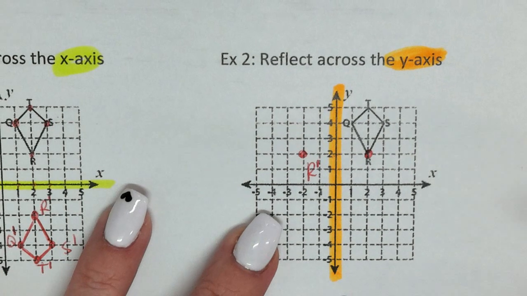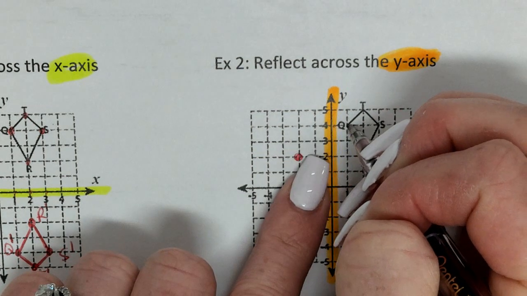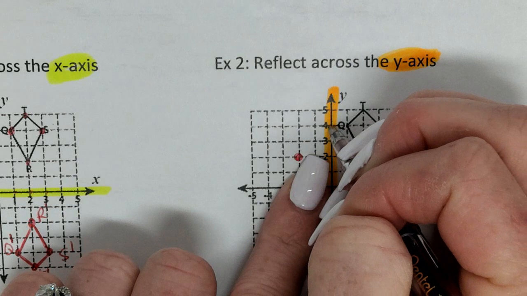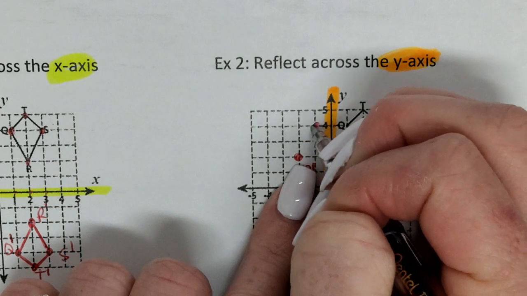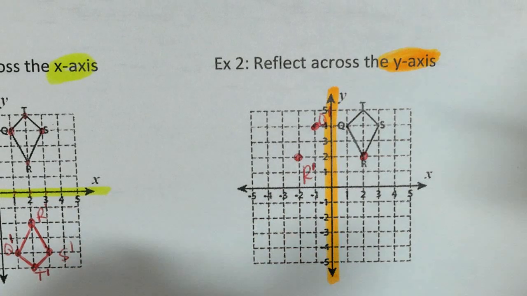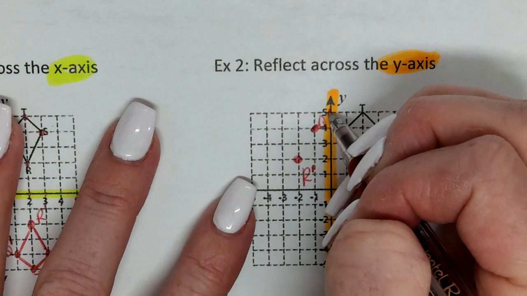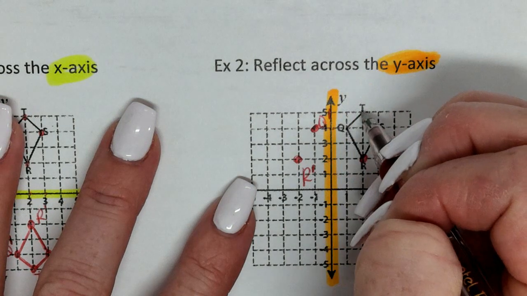Okay, let's do Q. From the y-axis, how far is Q over? 1. So I'm going to go to the y-axis and go 1 to the left. Here is my new Q with a prime. Wake up, draw your picture. Okay, T. From the y-axis, how far is T over? 2.